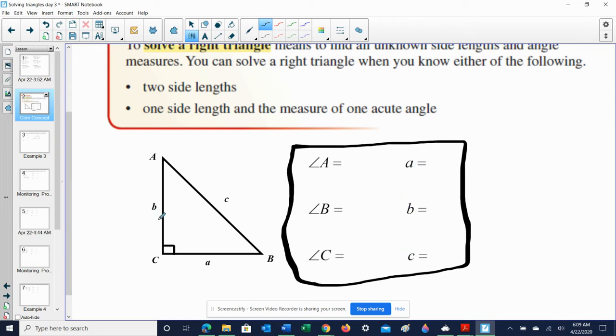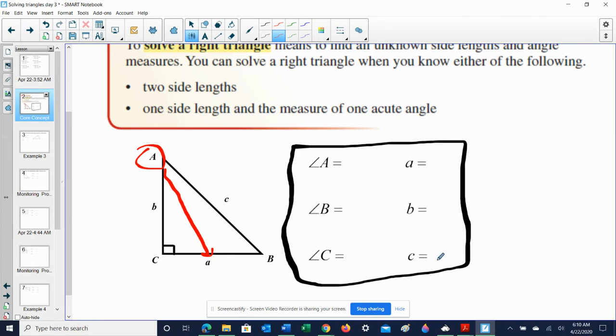If angle A is here, I called the side opposite it lowercase a. That's how our nomenclature usually goes in triangles. Angle A, the side opposite A, use lowercase a. It's still also side BC, but it just makes things a little easier when we're organizing the numbers we have.